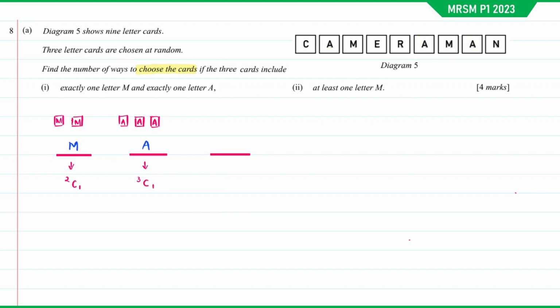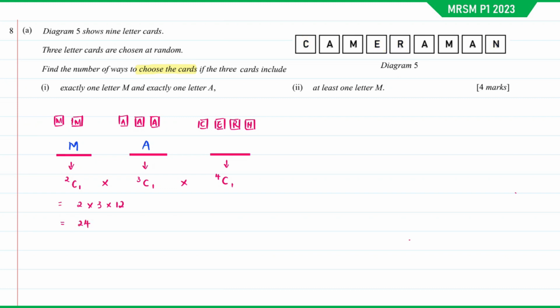In order to have exactly 1 letter M and exactly 1 letter A, for the last one we choose one card from the letters C, E, R, and N, so this case will be 4C1. To find the number of ways, we multiply these. So this is equal to 2 times 3 times 4, which is equal to 24.